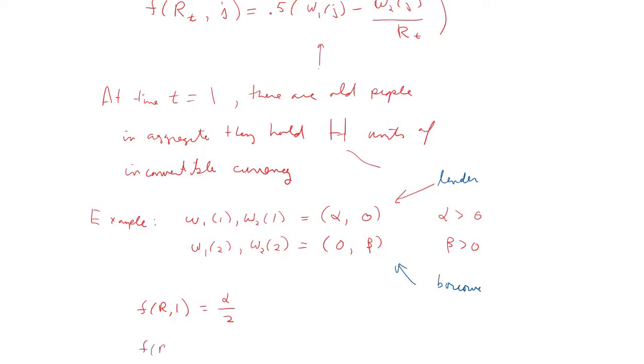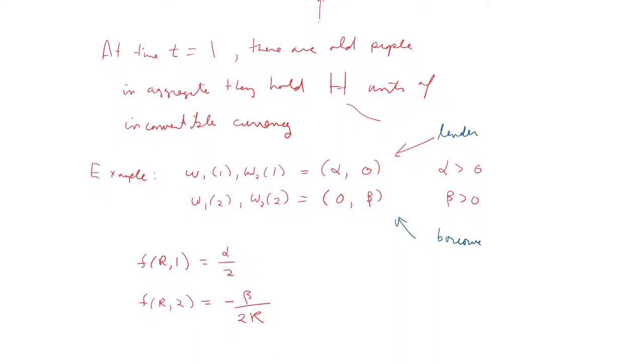The second type of person borrows this amount, denominated in time t consumption goods when they're young. So that's how this goes.